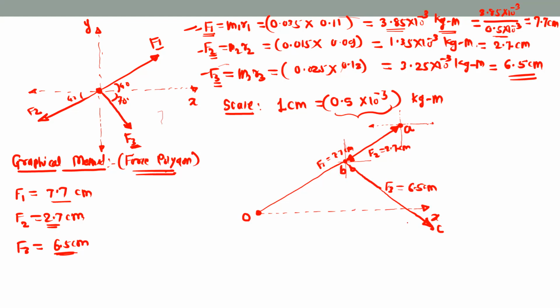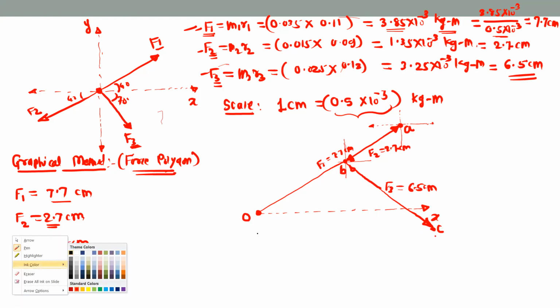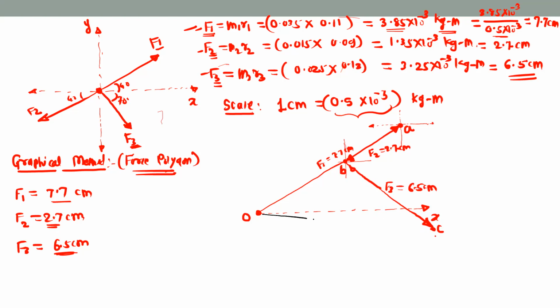Okay, so from the force polygon, the closing side of that polygon will give the direction and the magnitude of the balancing mass. So closing side means we should connect point C with the point O. So this is the closing side.